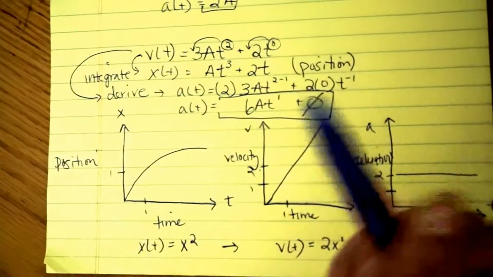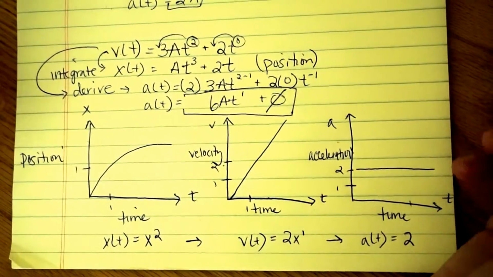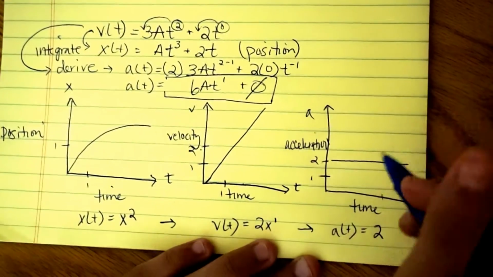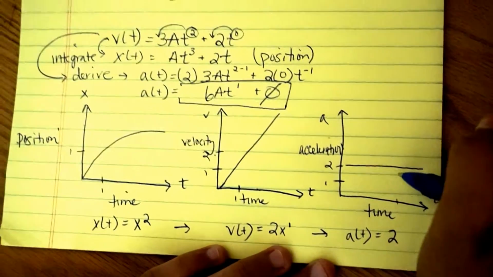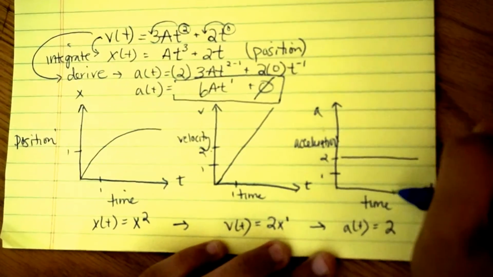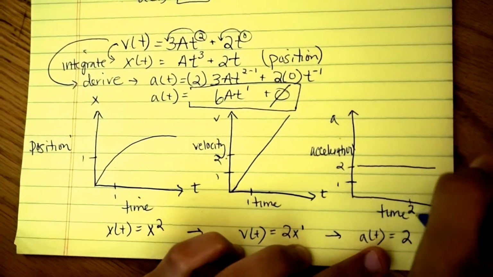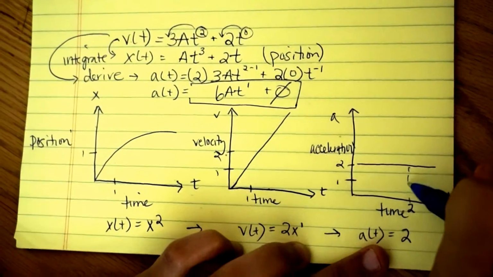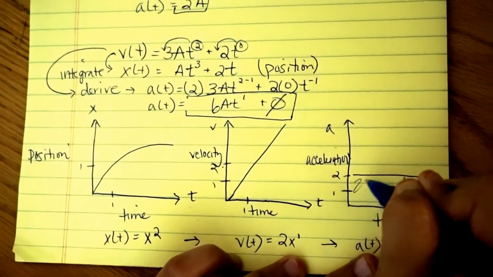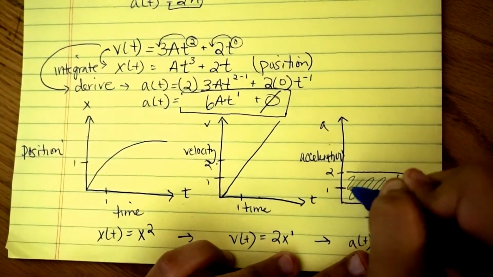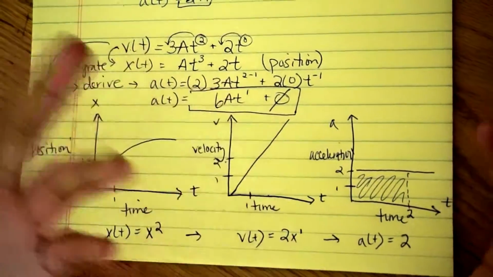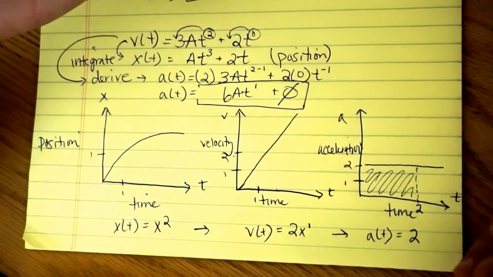So another way, if you have graphs, in order for you to go backwards, for me to get my velocity, let me see, my acceleration at time t equals 2, right, at 2 seconds, it would be this area right here. This wouldn't necessarily work with complex problems, but with simple problems like this, it would definitely work.